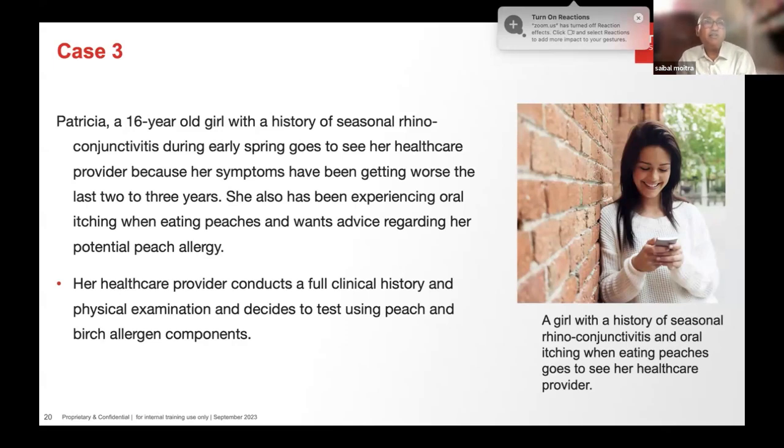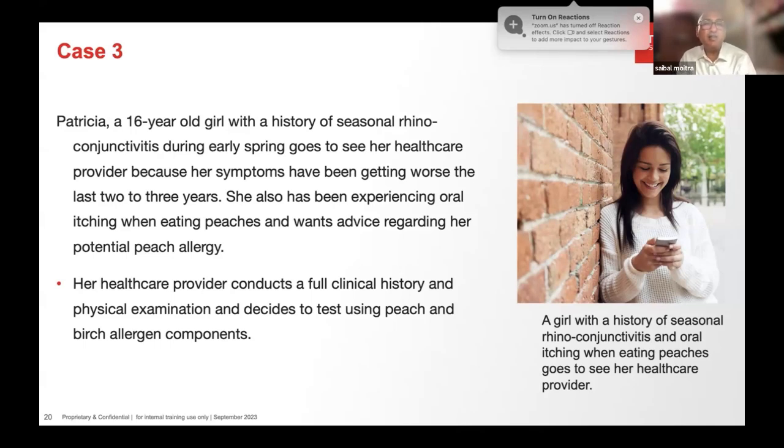So it's Patricia, a 16-year-old girl with a history of seasonal rhinoconjunctivitis during early spring, who goes to see her healthcare provider because her symptoms have been getting worse the last 2 or 3 years. She also has been experiencing oral itching when eating peaches and wants advice regarding her potential peach allergy.